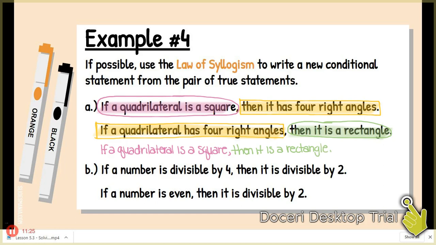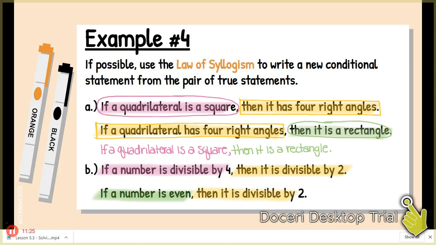Okay, now we're going to see if we can use the law of syllogism on B. B starts with if a number is divisible by 4, then it is divisible by 2. So for the law of syllogism to work, my next statement should start with that conclusion, and it does not. It starts with if a number is even, then it's divisible by 2.